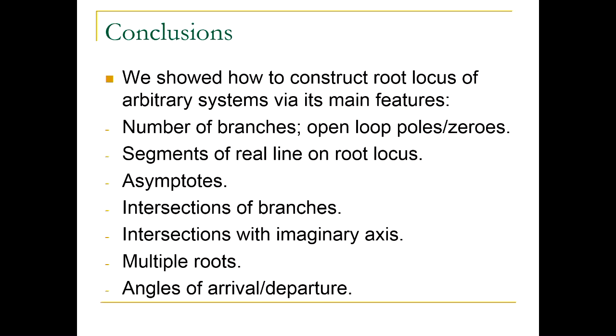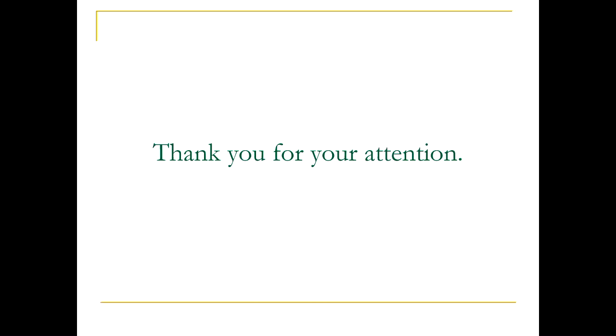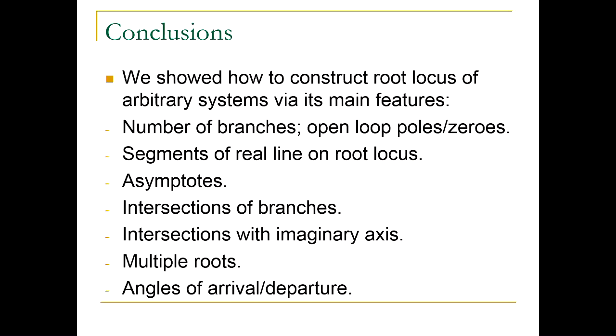Okay. So what we did was go through each step and learn how to plot features of an arbitrary root locus. Once you calculate all these features for your example, you should be able to connect the points and sketch the root locus. It doesn't matter if your branch goes this way or that way, as long as you capture the features of the root locus qualitatively, you are good. And you need to do a few examples to learn how to do it.